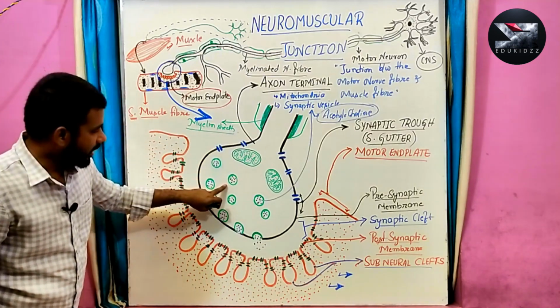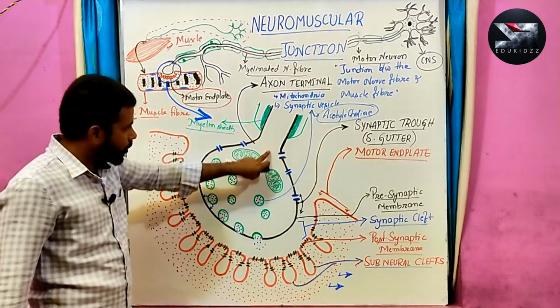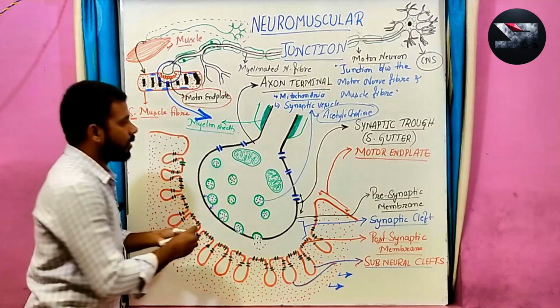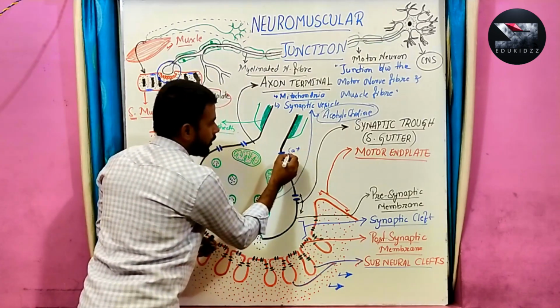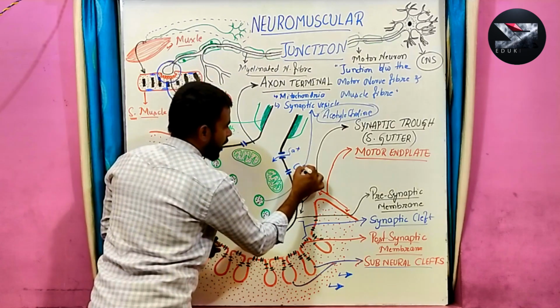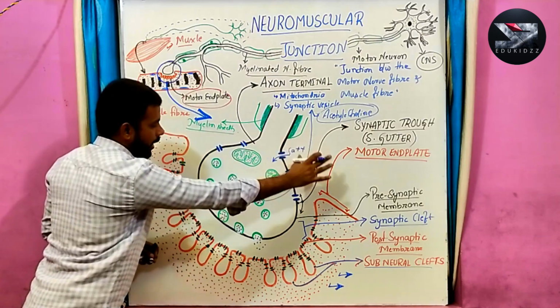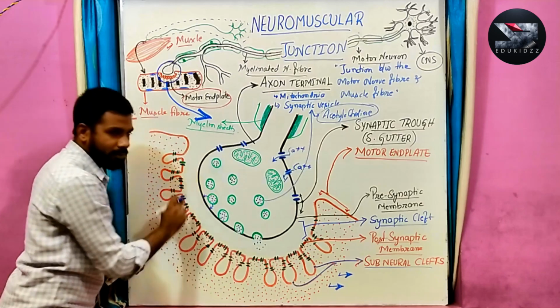Now, the synaptic vesicles store the acetylcholine. In response to an action potential that reaches the axon terminal, these calcium ion channels open, and that causes the influx of calcium ions. The influx of calcium ions helps in the fusion of the synaptic vesicle to the presynaptic membrane.